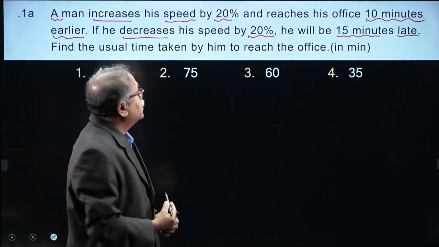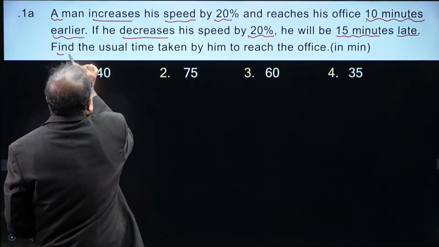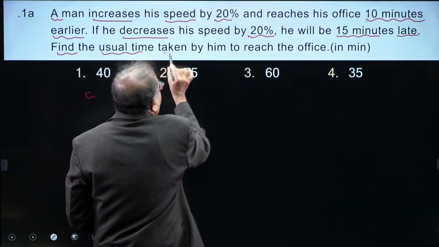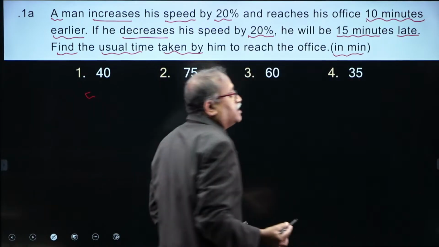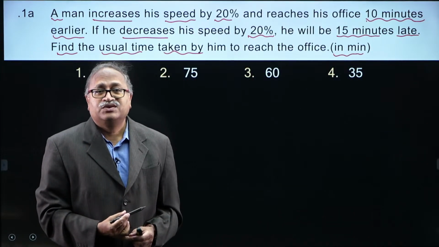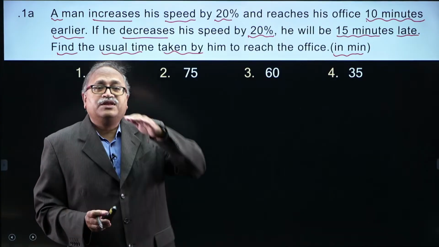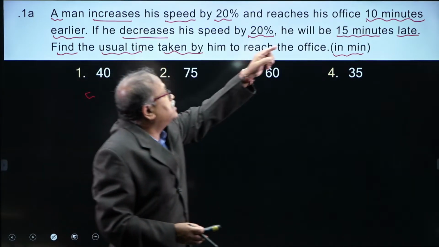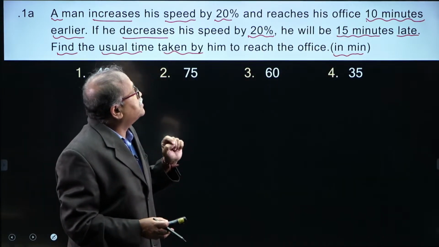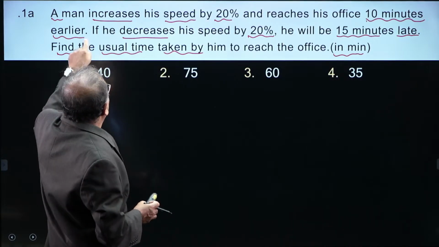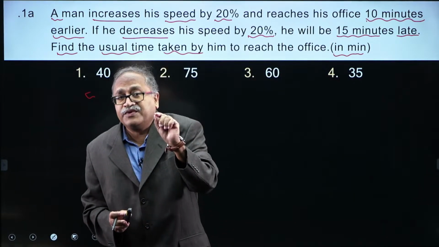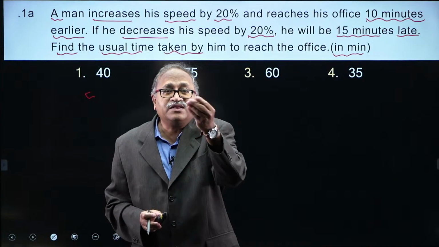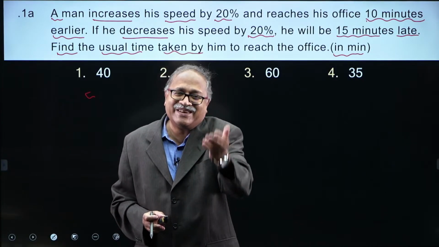Find the usual time taken by him to reach the office in minutes. So, it is given that when the speed is increased by 20%, he reaches 10 minutes early, and when the speed is decreased by 20%, he reaches the office 15 minutes late. Find the actual time. Let us begin here.